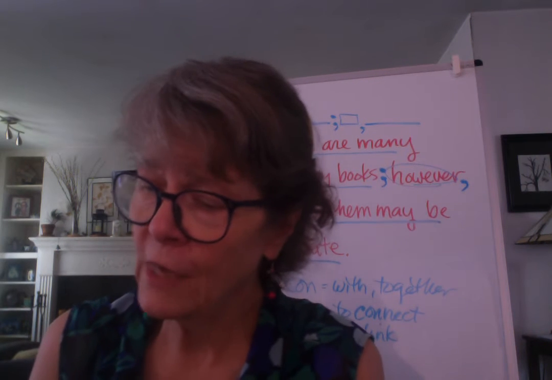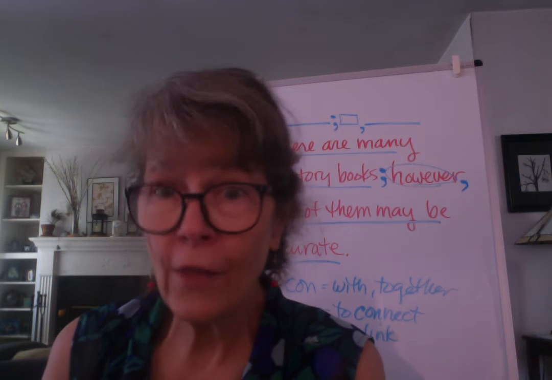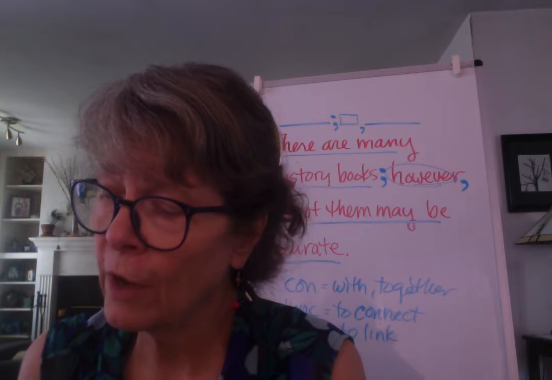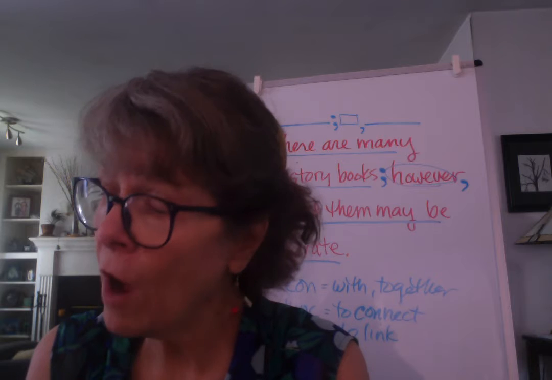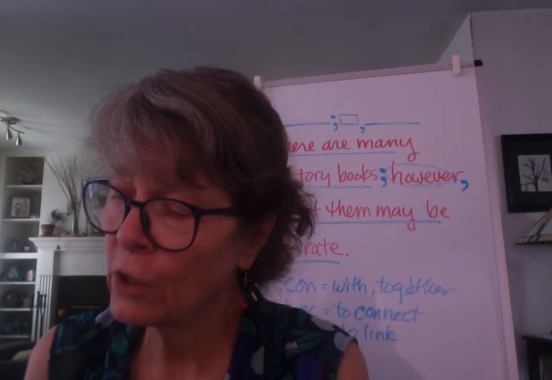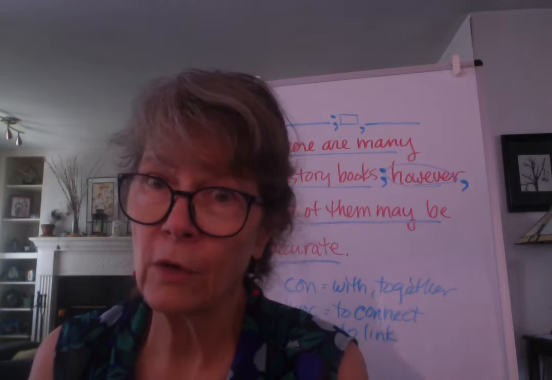So listen to how that would sound. You need to put more effort into your work because if not, you won't get a passing grade. You need to put more effort into your work because if this is not the case, you won't get a passing grade.